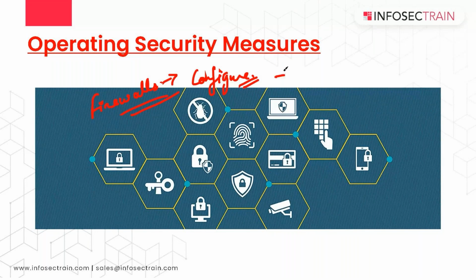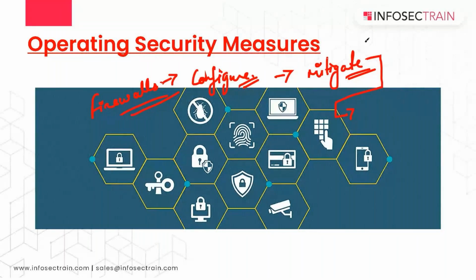Let's say we are trying to mitigate a vulnerability, a loophole. For that, we create some rules in the firewall. We also have to make sure that when we mitigate this first problem, it does not open up a second problem.